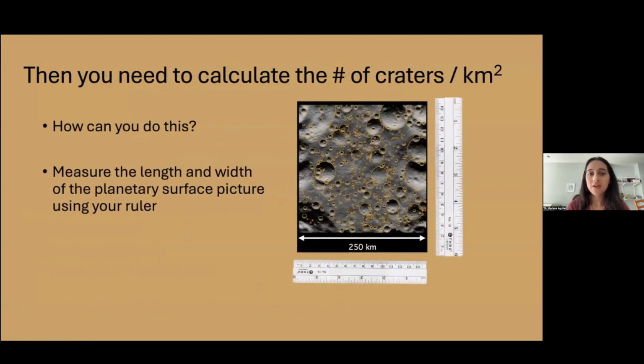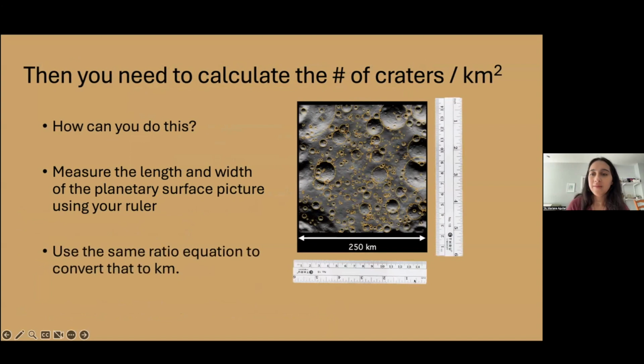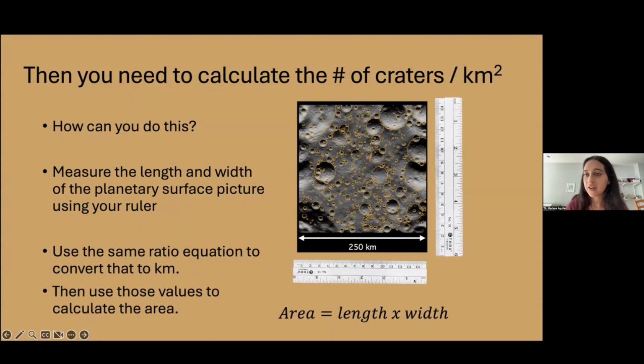Basically, you'll measure the length and width of your picture using your ruler. So you'll get a certain amount of centimeters for that. And you can use the same ratio equation that you just used to convert that to kilometers. So you can use those values once you have them in kilometers and use the simple area equation, length times width, to find out what the area of the whole image that you circled was.